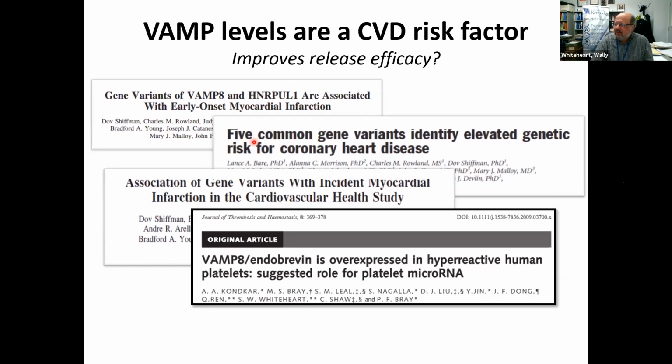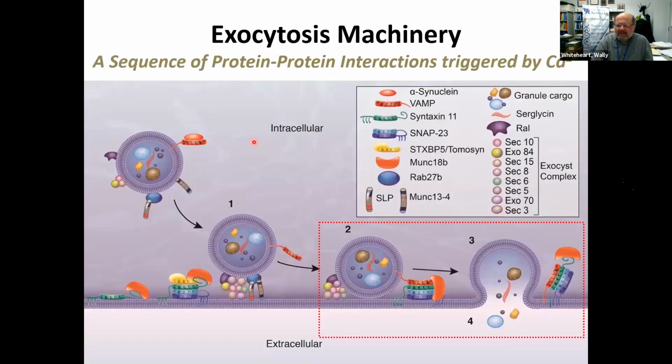Okay. All right. So with that, I'm going to summarize some of the places that we perhaps can target platelet secretion. What I've focused on is the area down here where the membrane fusion events are driving fusion and cargo release.